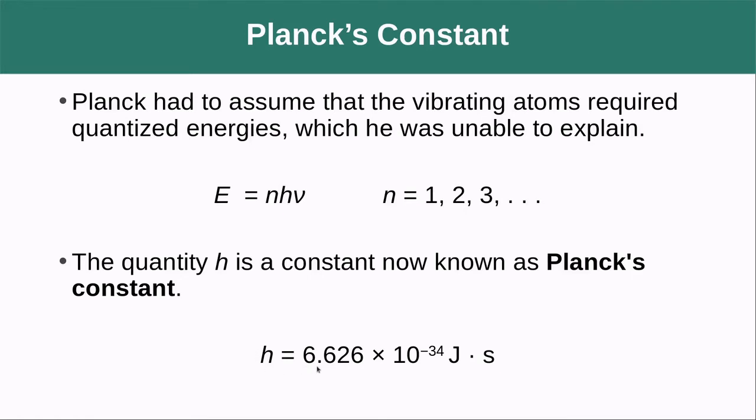You can see down here it's 6.626 times 10 to the negative 34 joule seconds. So you take joule seconds, multiply by reciprocal seconds, and you get joules, which is the energy unit we've seen before. And the idea that it can only have these discrete values of 1 times that, or 2 times that, or 3 times that, or 4 times that, that is quantization that we saw before with the standing waves.